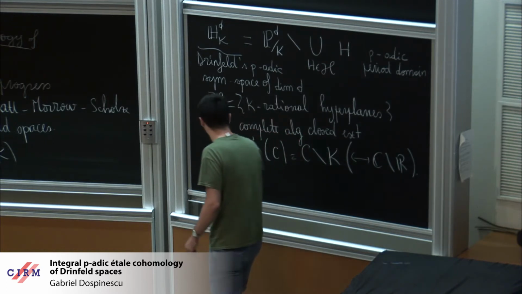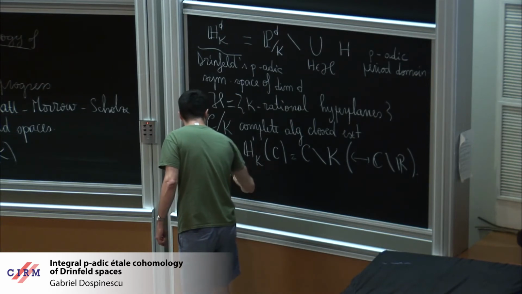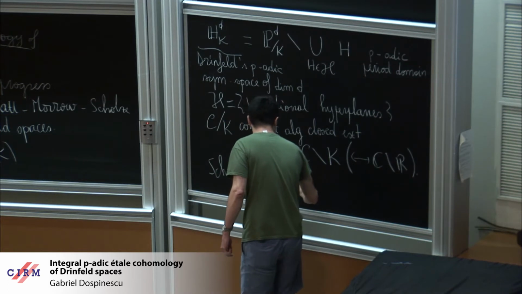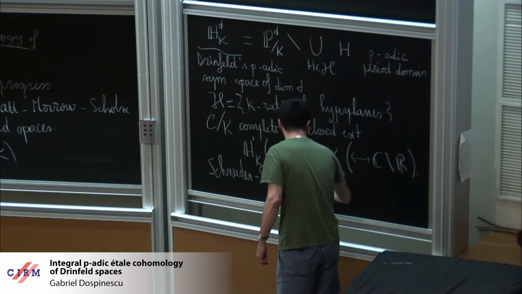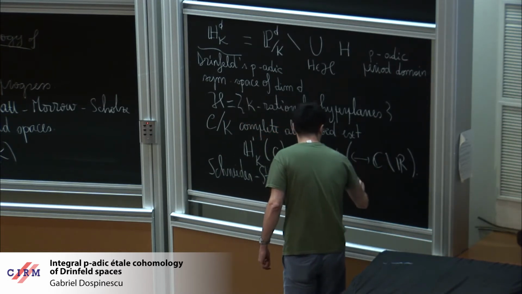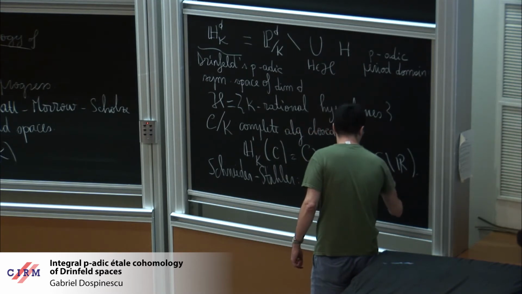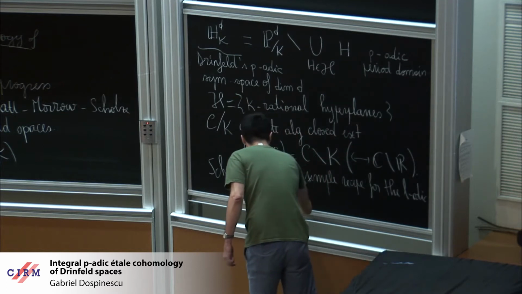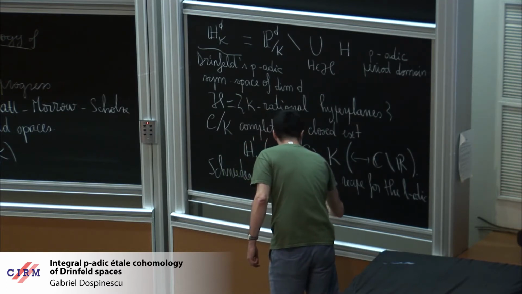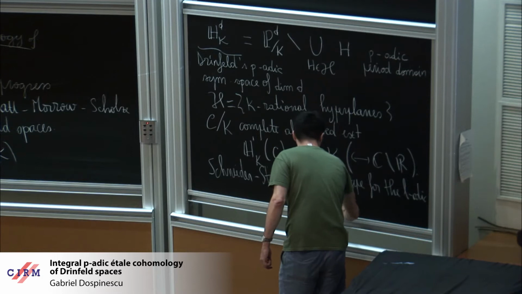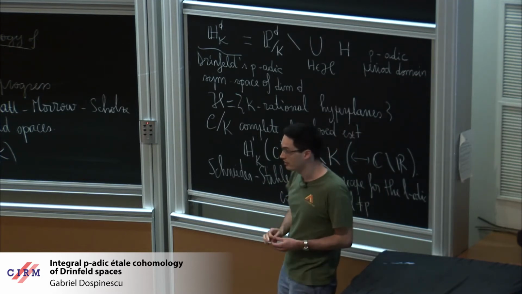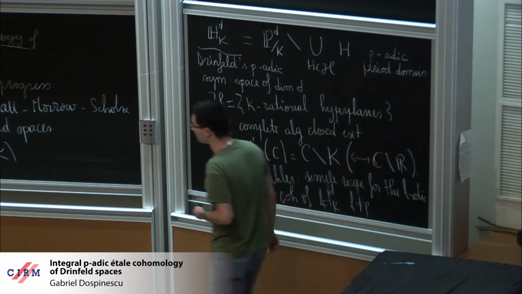And Schneider and Stuhler gave a simple recipe for the p-adic cohomology of these spaces when, of course, l is different from p. And what I'm interested in here is the case l equals p.